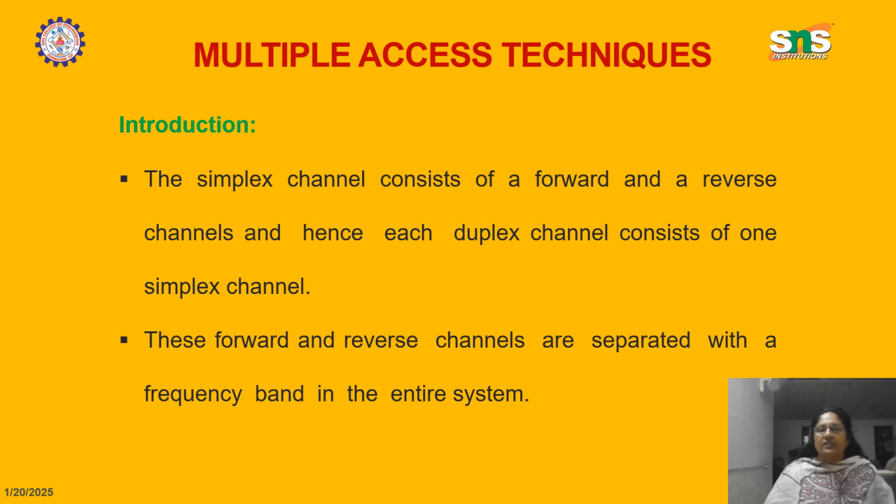In simplex, it is one-way communication. Half duplex is two-way communication, but only one channel is there. And full duplex is two-way communication, with two channels. So in FDMA, one user is given a forward channel and a reverse channel.